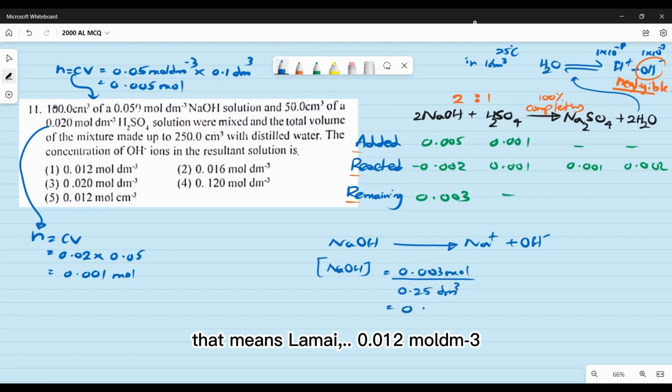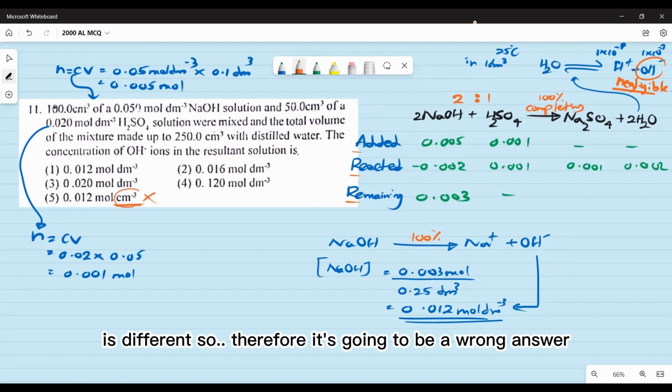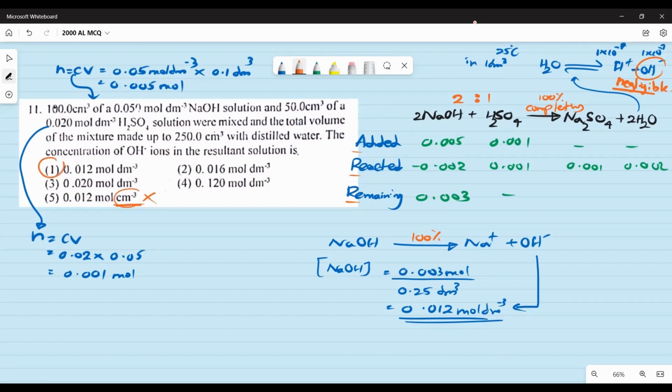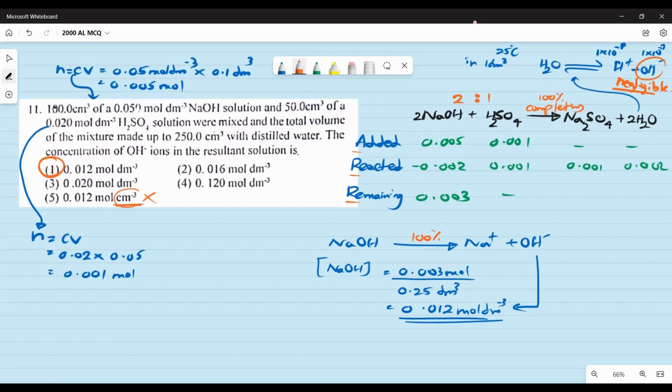That means it is 0.012 moles per decimeter cube. And that is the same as our OH minus, because it is 100% ionizing. So 0.01. You have to be careful here. You can see the unit is different, so therefore it's going to be a wrong answer. The first one is our answer. So don't worry, Lamai, in our exams they will not mess up with the units. Right, so that's our 11th question.